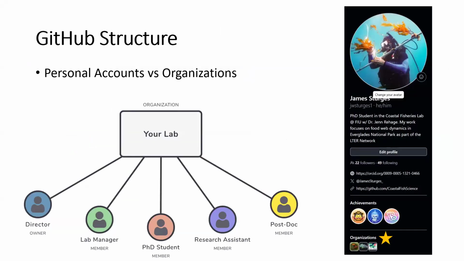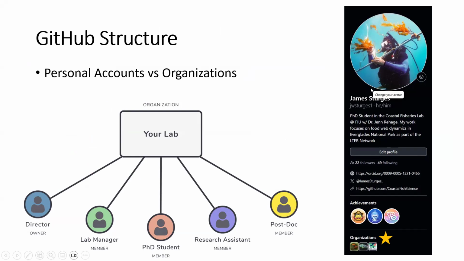Okay, well, let's talk a little bit about GitHub structure and some of its features, more tailored to a scientific or lab setting. Everyone today will either have already made their own GitHub account or has their own GitHub account already. So that is your personal account. But what I would also recommend is that most lab groups have their own organization-level GitHub.